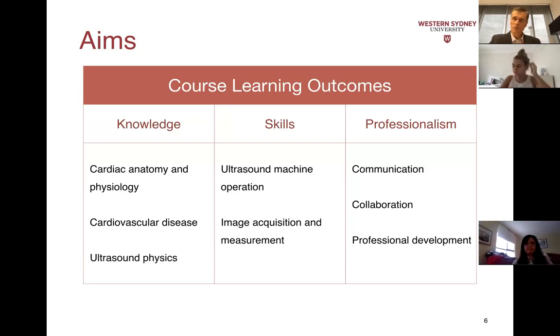Initially you'll study normal anatomy and physiology, and over time you'll be introduced to different diseases and how they present, and how they appear and what they do to cardiac function.